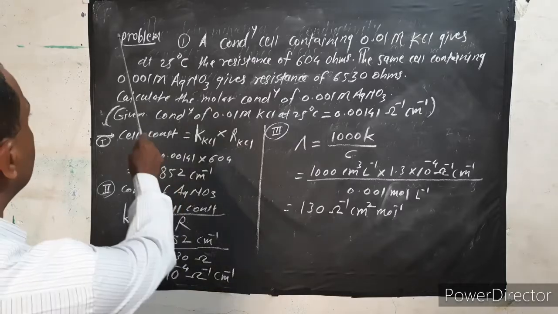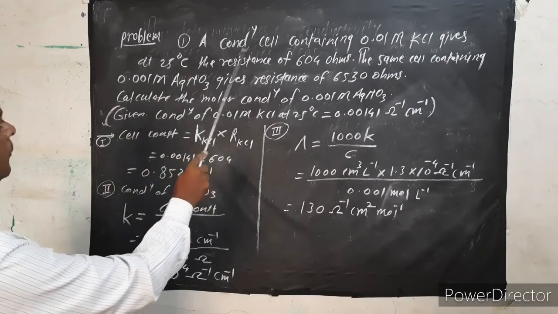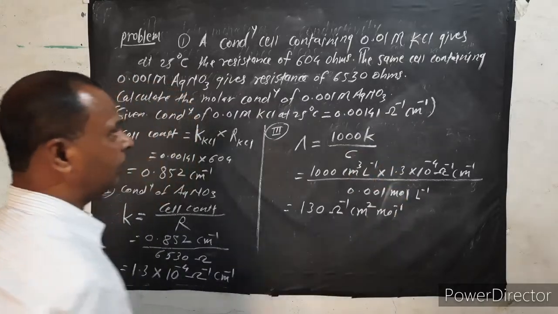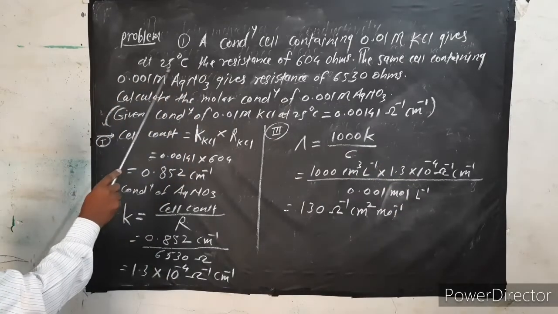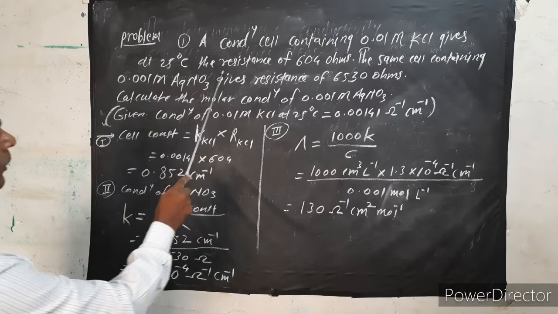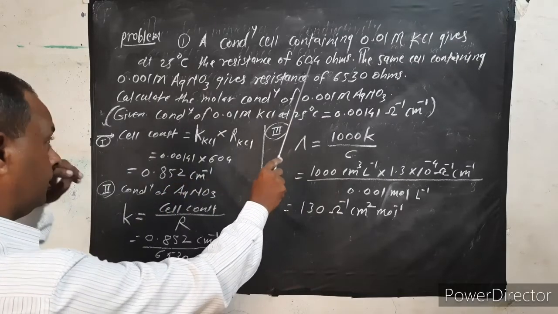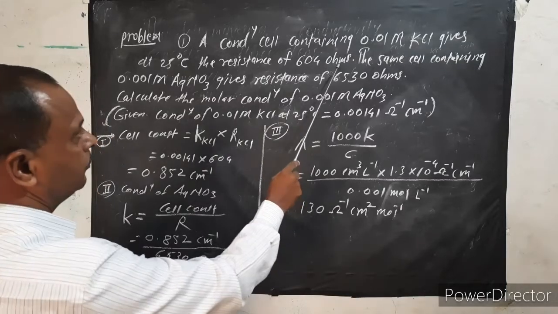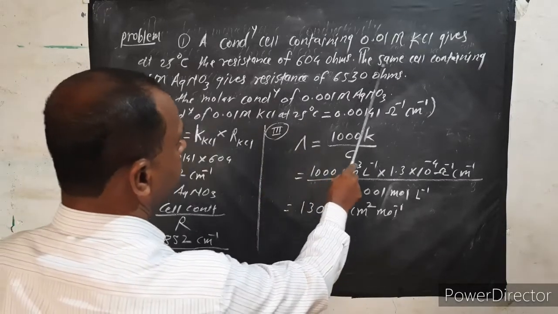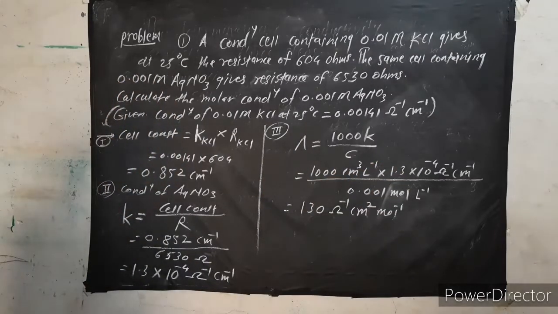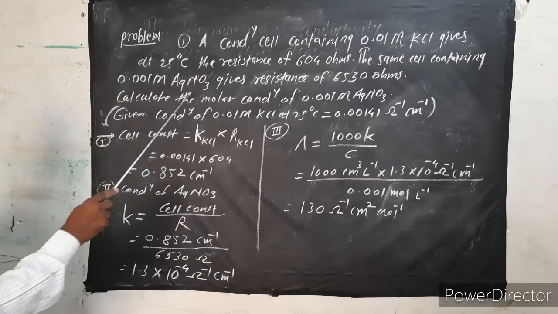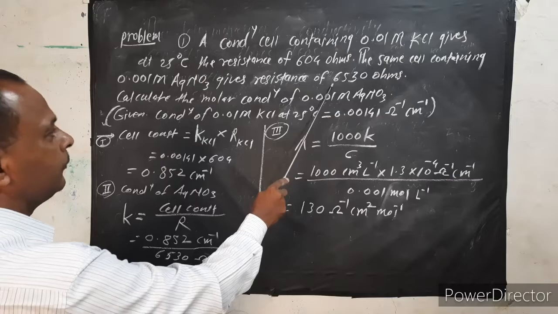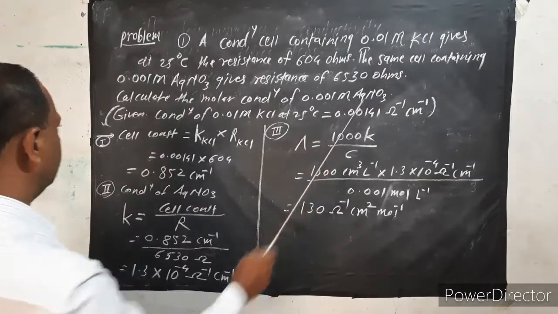Now look at this numerical. A conductivity cell containing 0.01 molar KCl gives, at 25 degrees Celsius, a resistance of 604 ohms. The same cell containing 0.01 molar AgNO3, silver nitrate, gives a resistance of 6530 ohms.